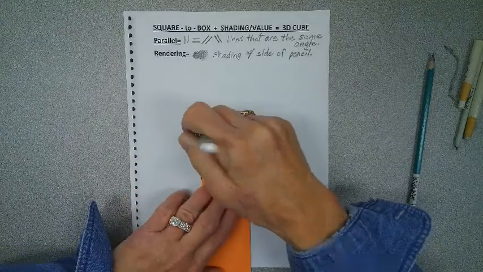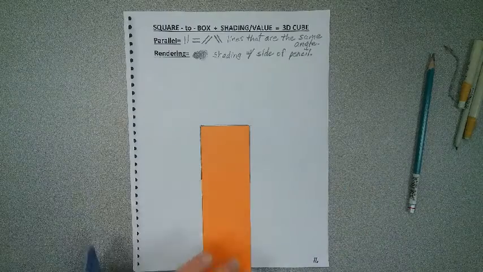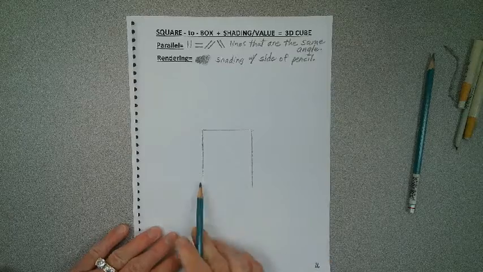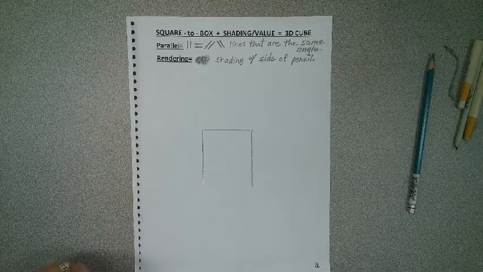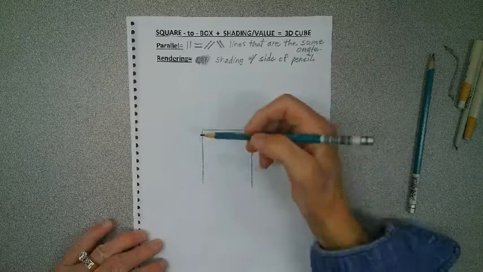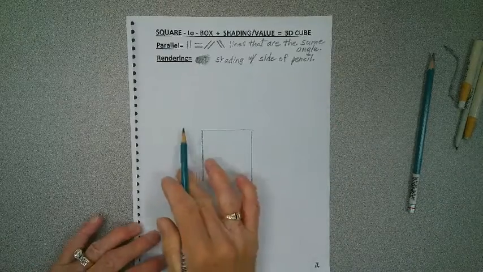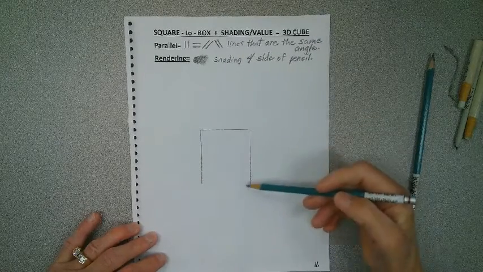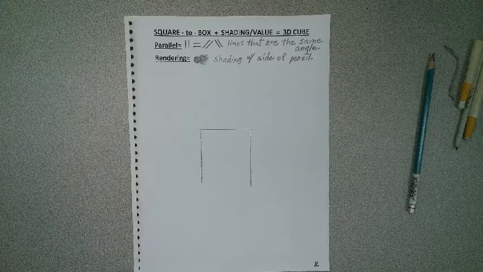Now you might say to me, well, how long should they be? I will be showing you what happens when we've drawn them too long or too short. So if you would draw a horizontal line and 2 parallel vertical lines.